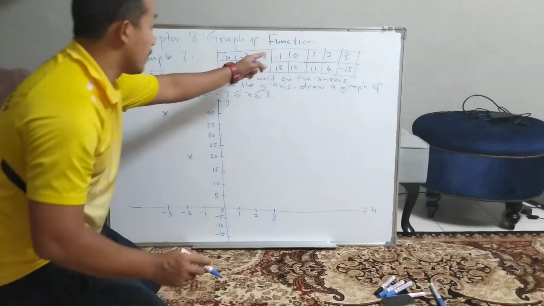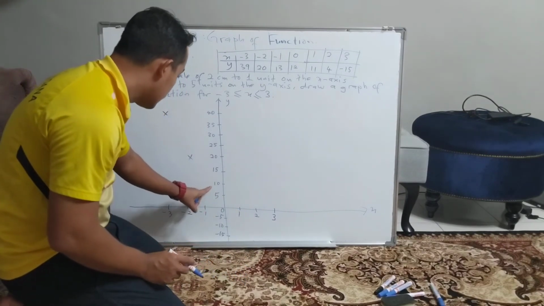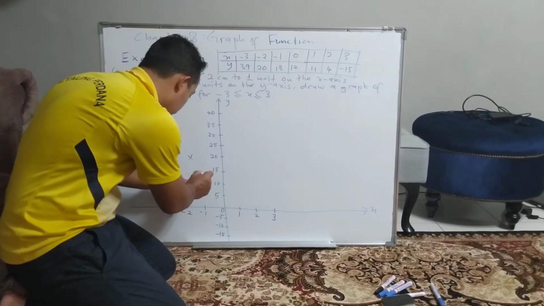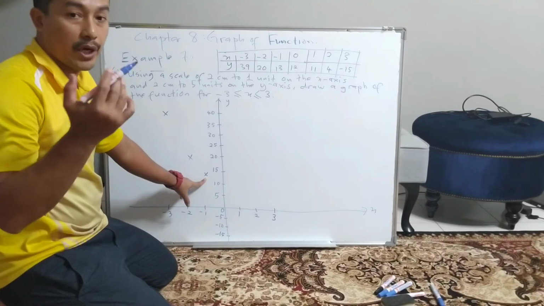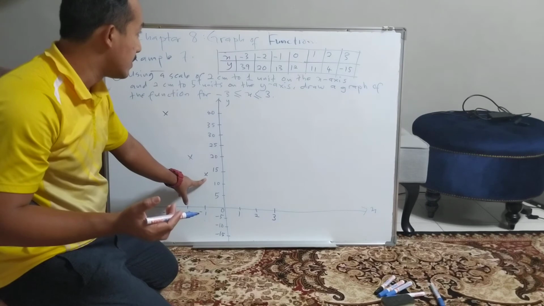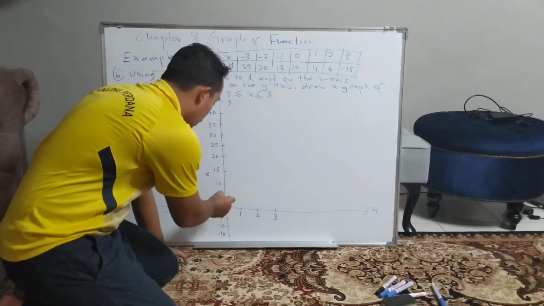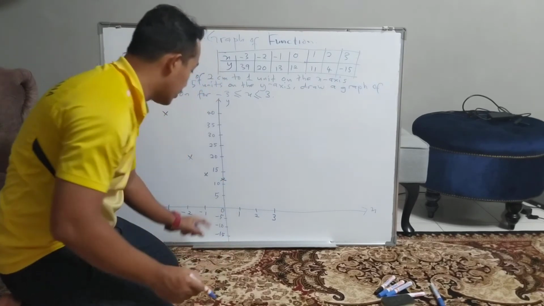The third point is (-1, 13). So (-1, 13) is here. You have to follow your graph on the graph paper. Then after that is (0, 12), so here.